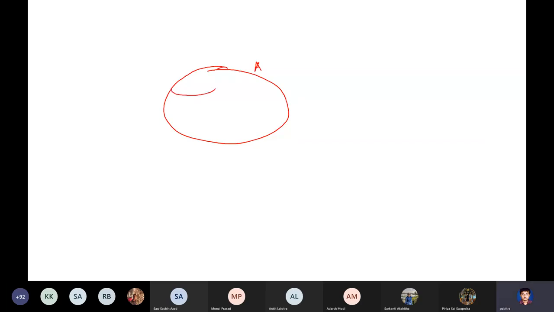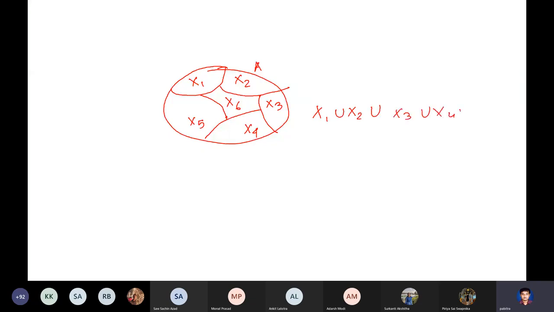I'm drawing a number of subsets of A, and I'm calling them x1, x2, x3, x4, x5, and x6. You see, if you take x1 union x2 union x3 union x4 union x5 union x6, you get back A. And similarly, if you pick up any two, let's say x3, x2, you get a null.